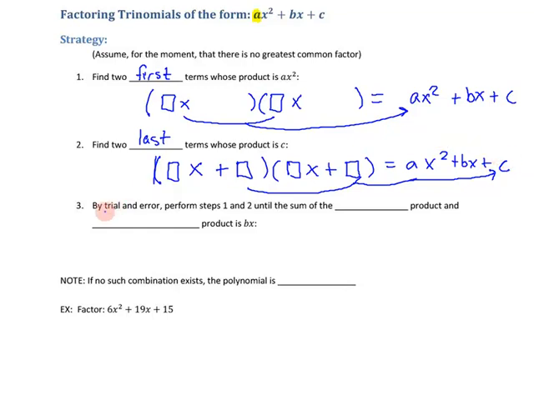By trial and error, perform steps 1 and 2 until the sum of the outside product and inside product matches the middle term. If no such combination exists, the polynomial is called prime.